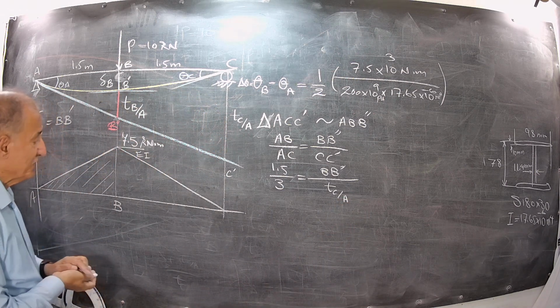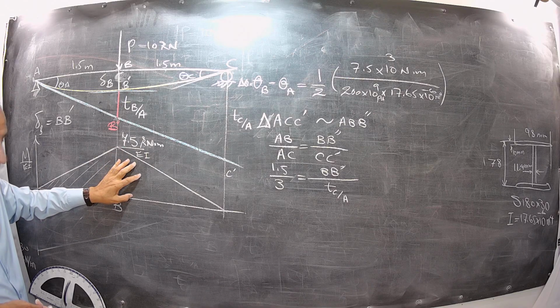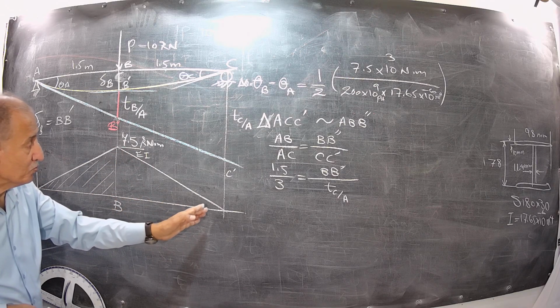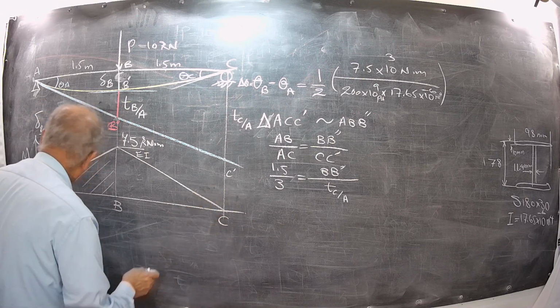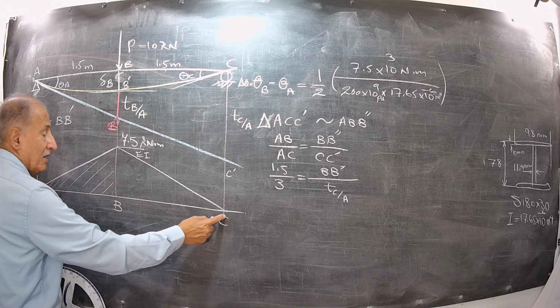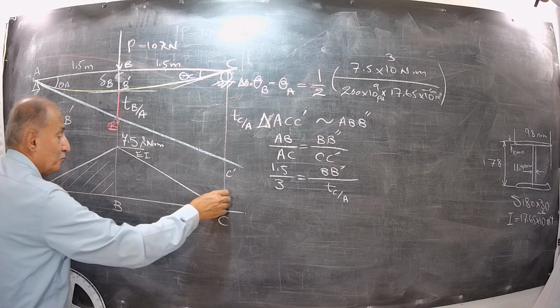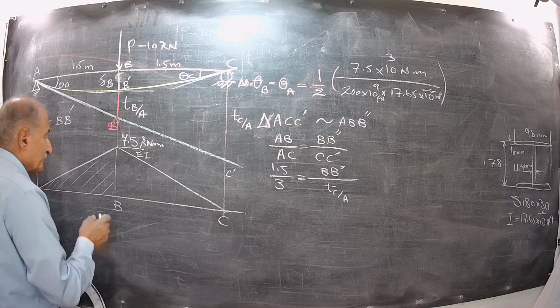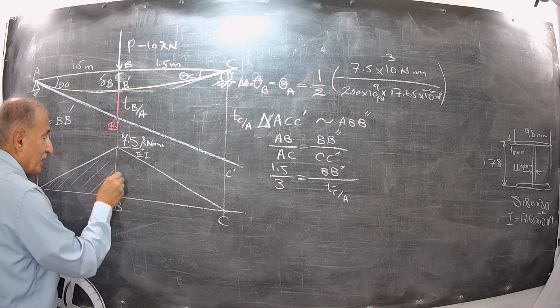I can find TCA from the M over EI diagram. It is the first moment of the area between C and A, taken with respect to point C. I know that the centroid of the whole area is here because of symmetry.